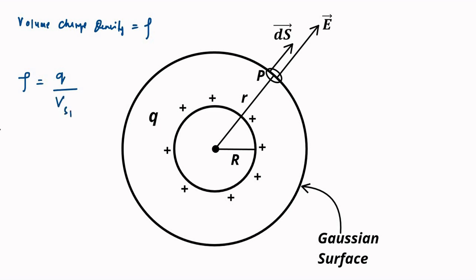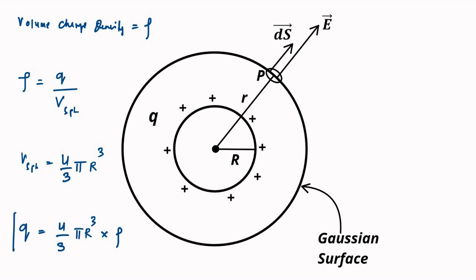The volume of a sphere of radius capital R is 4 by 3 pi R cube. So the charge in terms of the volume charge density can be expressed as 4 by 3 pi R cube into rho. This is the expression of the total charge enclosed in terms of the volume charge density.